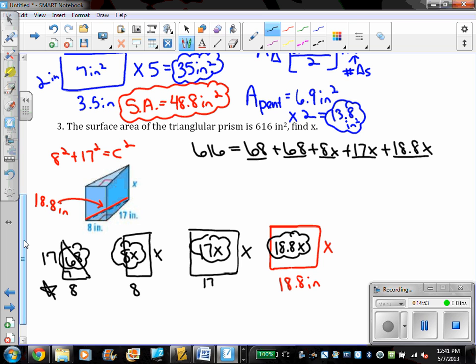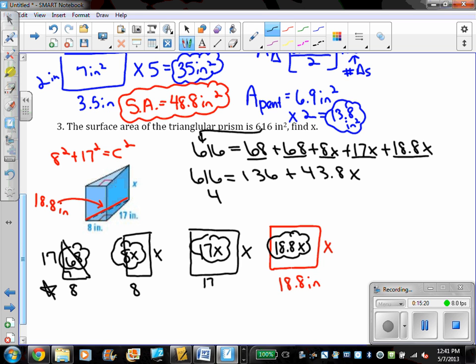We add the 68 plus 68, and that's going to give me the surface area, because remember, this here is given to us right from there. 616 equals 136 plus, now we have 8 plus 17 plus 18.8, and that's giving me 43.8x.